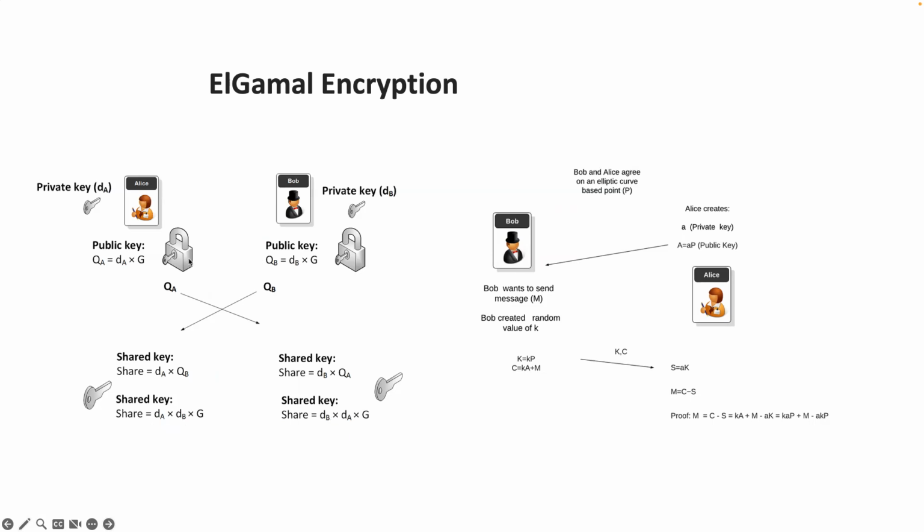Using elliptic curve, you can easily see why this is the case. For example, this is Alice's public key, QA, which she shares with Bob. How do they derive the shared secret? Once Bob gets Alice's public key, he just multiplies it with his own private key. This is a scalar, and this is a point, so you get this number. Vice versa, Alice does the same thing: once she gets the public key from Bob, she multiplies her private key with this point.